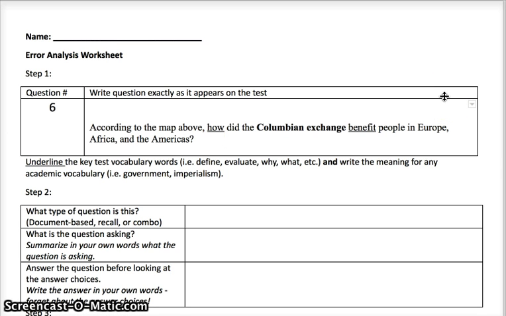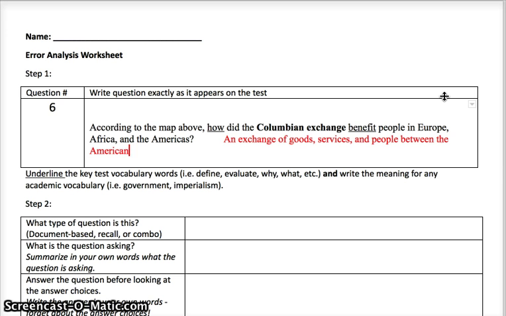So the Columbian Exchange was the trading exchange between the Americas and Europe during the time of Columbus and after. Okay, so now you've written out what the Columbian Exchange means directly in that box.